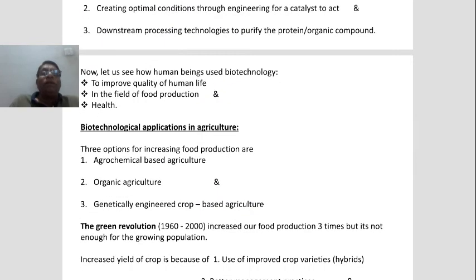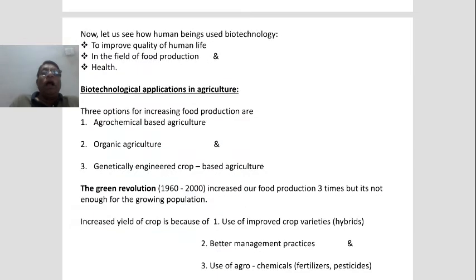Now, let us see how human beings use biotechnology. The human beings use biotechnology to improve quality of human life. Quality of human life means what? Say, for example, to cure the diseases.